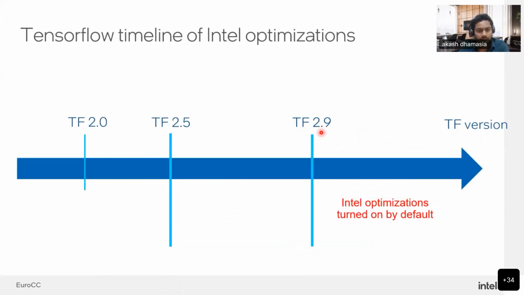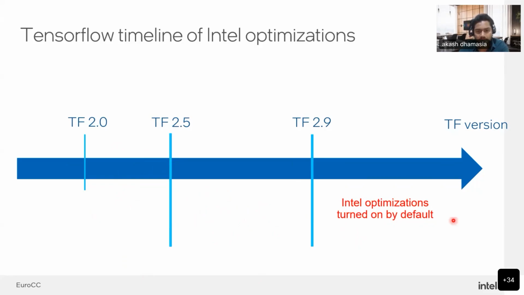But if you are using 2.9 or the latest version of TensorFlow, all the Intel optimizations will be turned on by default, so you are already automatically covered. In the earlier versions, you can use one flag to switch on the Intel optimizations. And before that, there is no optimization.